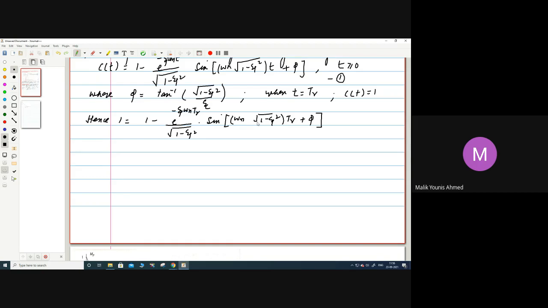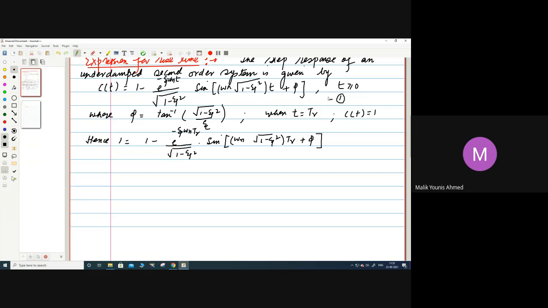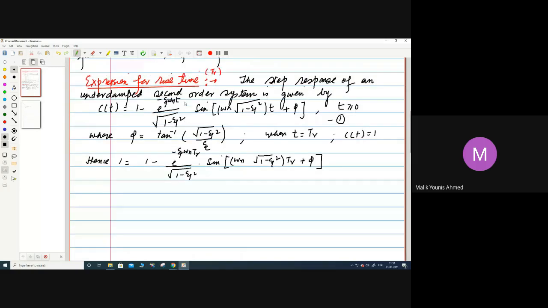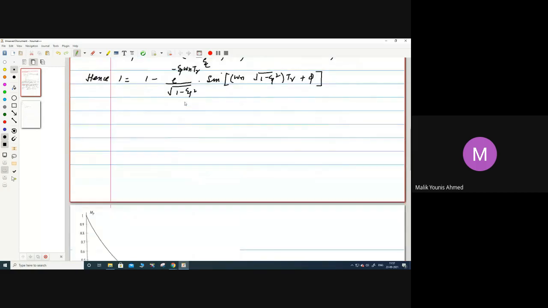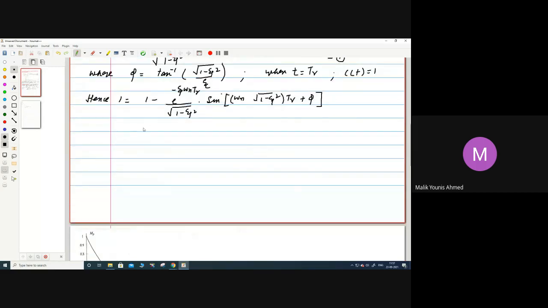Yesterday we have seen that the final response value of C of t is equal to 1. So that value we are substituting here, along with the expression for the step response of an underdamped second order system. After that, the minus and 1 will get cancelled, and it will become 0.